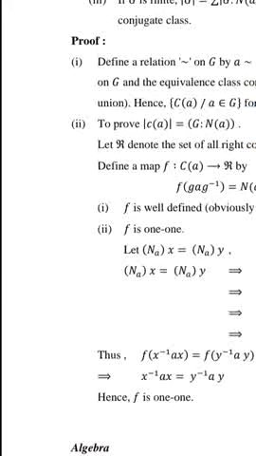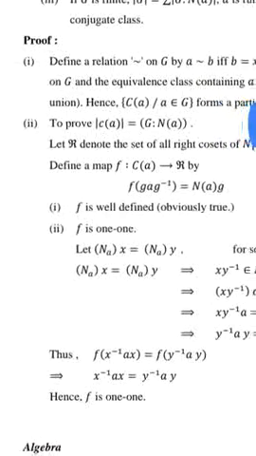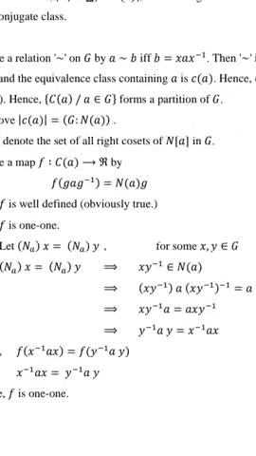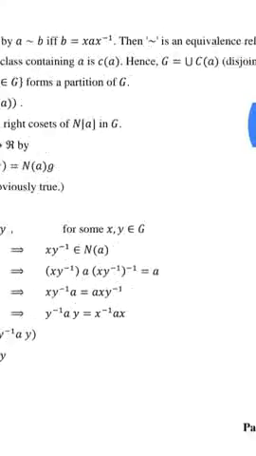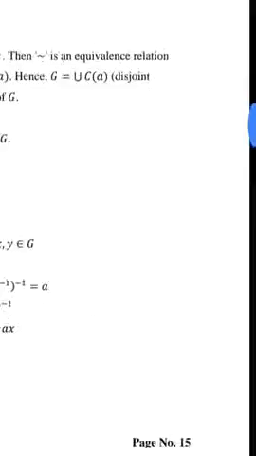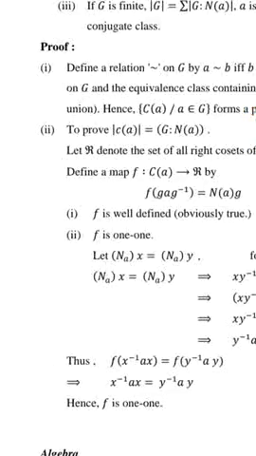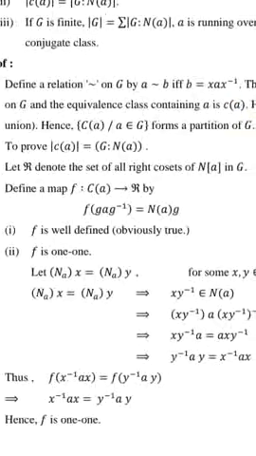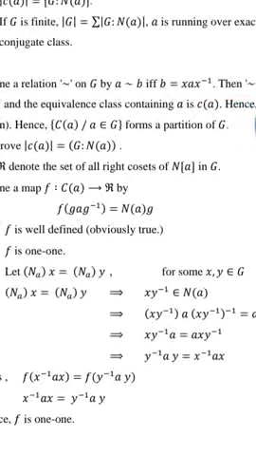Define an equivalence relation on G by a is equivalent to b if and only if b is equal to x a x inverse for some x. This is an equivalence relation on G, and the equivalence class containing a is C(a).